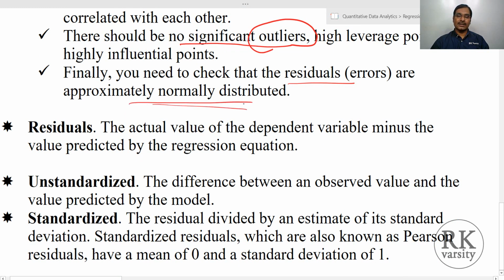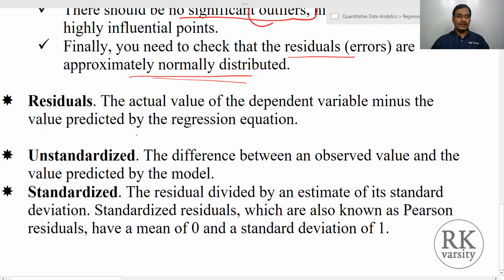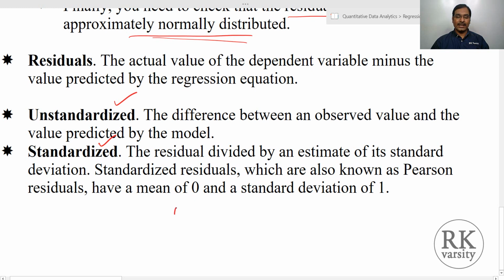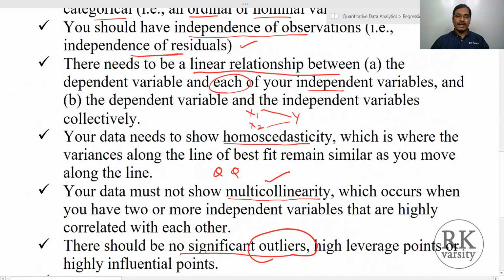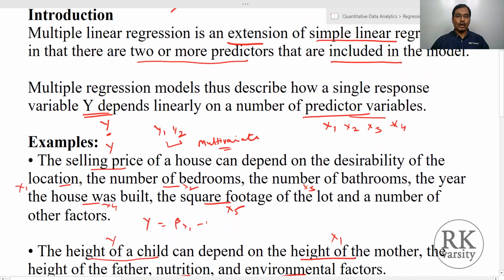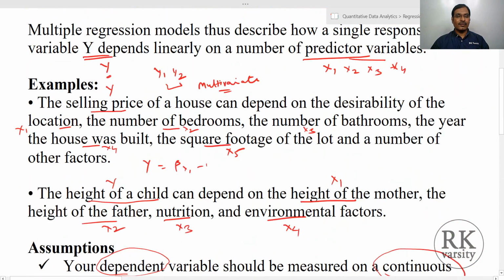To check this, we take standardized residuals and unstandardized residuals, and we compare these two, and using explore, we will check whether standardized residuals have a mean of 0 and a standard deviation of 1. If this is there, then we can confidently say that the model which you have predicted is statistically significant and appropriate. This is the description of a multiple linear regression.